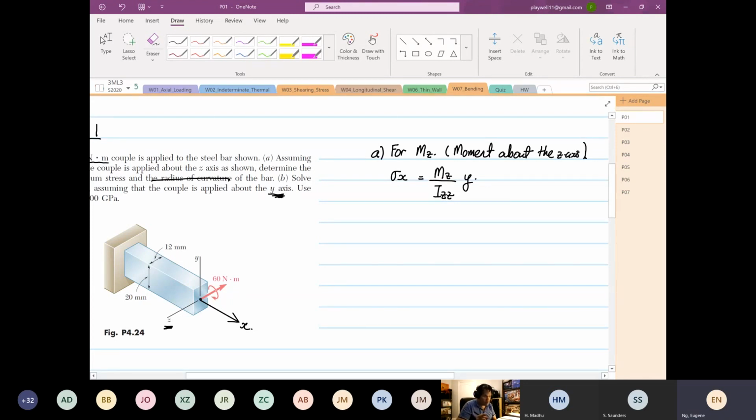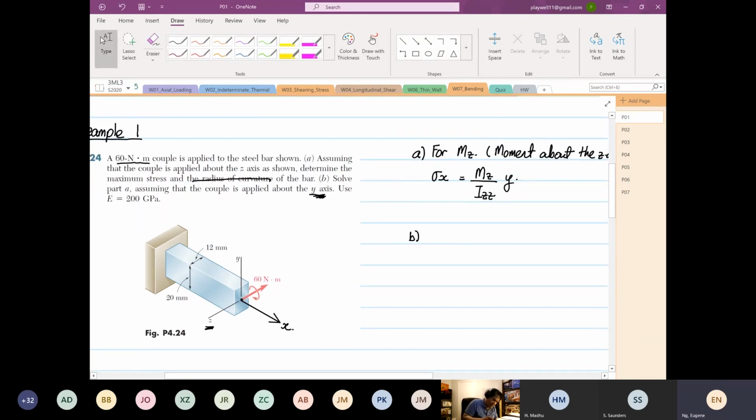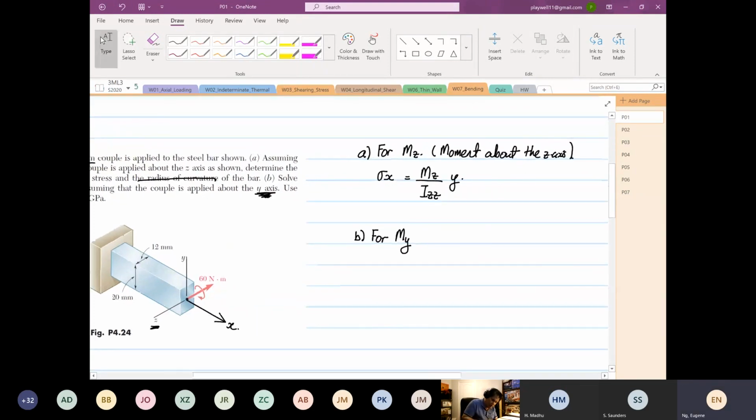Then we go into part B of the question, right? Part B of the question. So part B of the question is now the moment is shifted to the what? To the y-axis. So again, we are going to do for My, which also correspond to the moment applied about the y-axis.